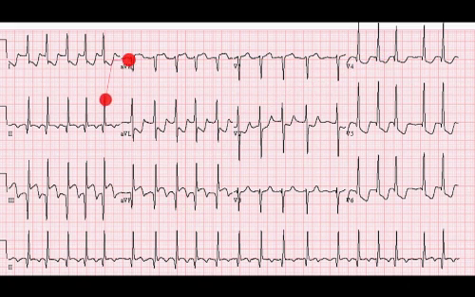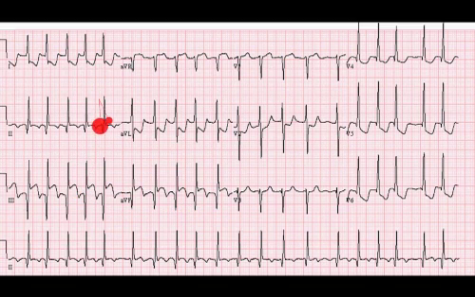Oh boy. So here's a rate of 150, and gross ST segment deviation. ST segment is depressed in V2 and in the lateral leads also, and it's elevated in AVF, and there's already a pathologic Q wave in AVF.